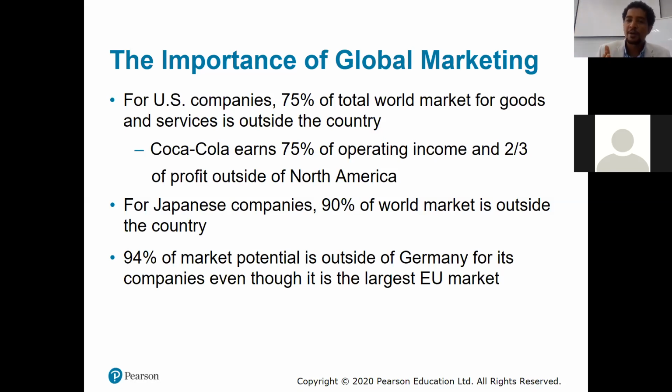Maybe the Korean market share would be 10% or less than 10% for Samsung. Okay, so which means for Samsung to be involved in global marketing and also to tailor these global marketing strategies to fit other countries is very, very important. The same holds true for Hyundai car company and also for other car producing companies.